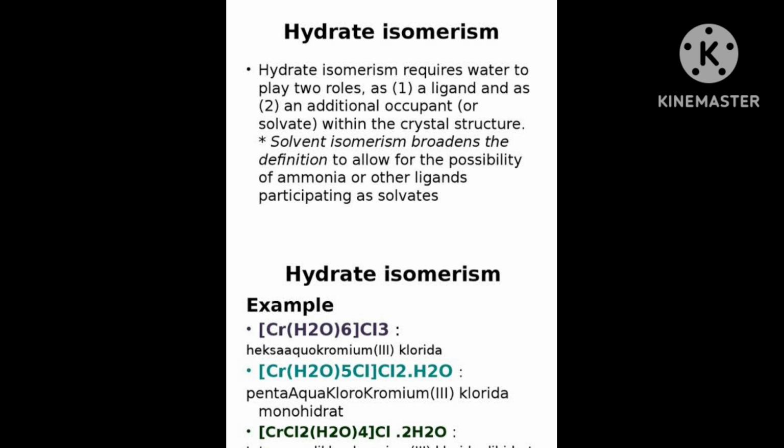But in trans, it is not possible. That's why cis chromium chloride, [CrCl2(ox)2]3-, is chiral, means optically active. This is a very, very important question I have discussed.